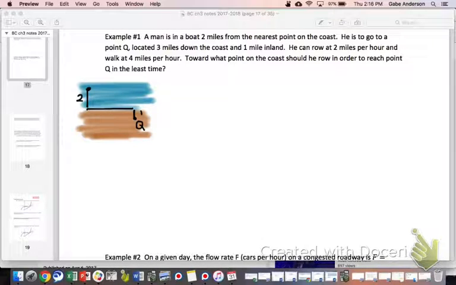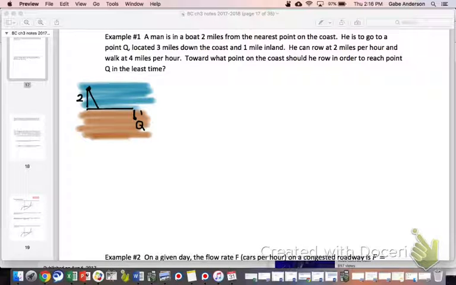We're going to find that he needs to go at kind of an angle. Well, maybe a little steeper, who knows. Something like that, and then something like that. So it's going to be 2 triangles, for sure, 2 different triangles. And logically, hopefully it makes sense that he would spend a little more time on the land because he's faster on the land than he would be in the water.